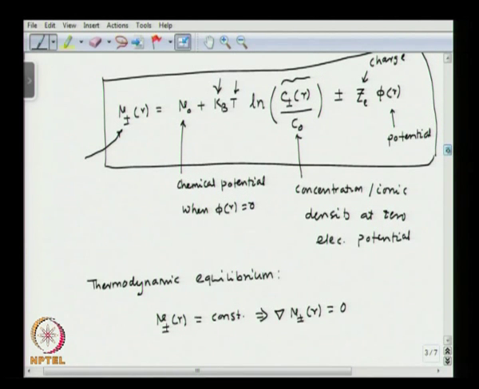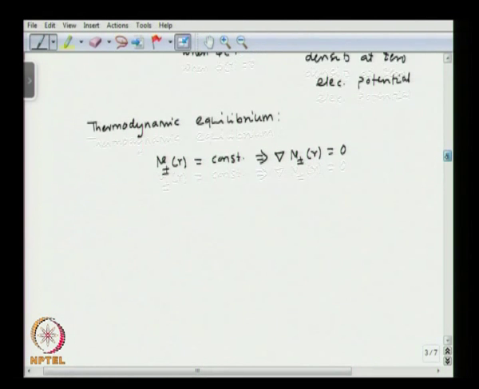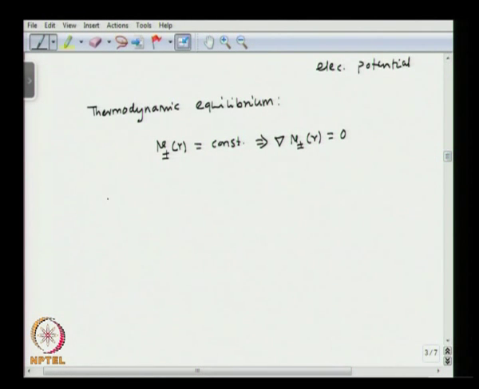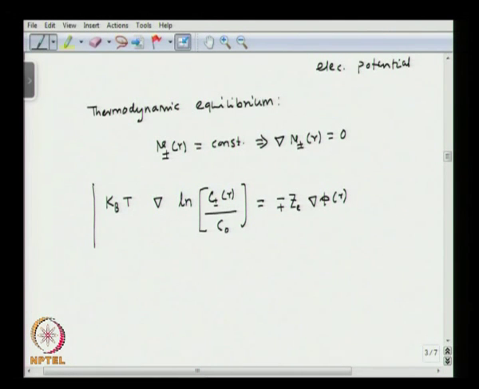So if you take the gradient of the chemical potential here, what you will get is Kb into T, Boltzmann constant times temperature, gradient of ln C plus minus r divided by C0, will be equal to minus plus Jd into gradient of phi r.